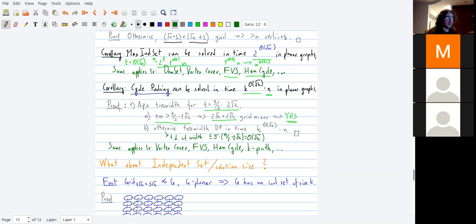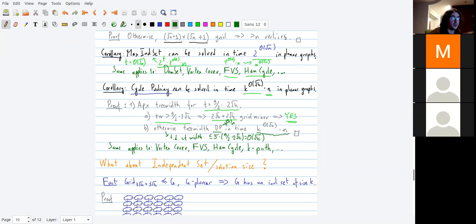So we've got a really narrow tree decomposition of width square root k. So now if I run my dynamic programming, which runs in time t power t times n, order of, then by plugging in the width being roughly square root k, I've got a running time of this form.